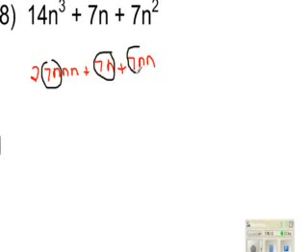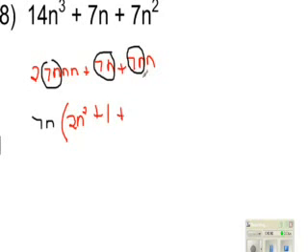Here we have a 7 and an n. So the greatest common factor is 7n, and we're left with 2n squared plus, now be careful, this is not 0 because you're actually dividing out the 7n. You have a 1 left, plus n.